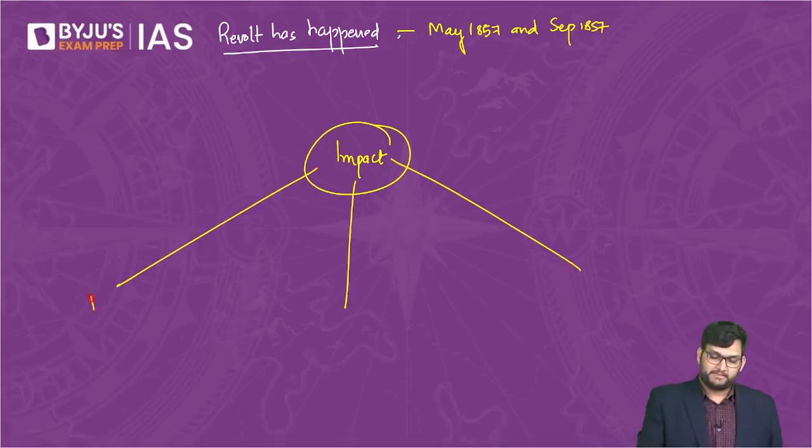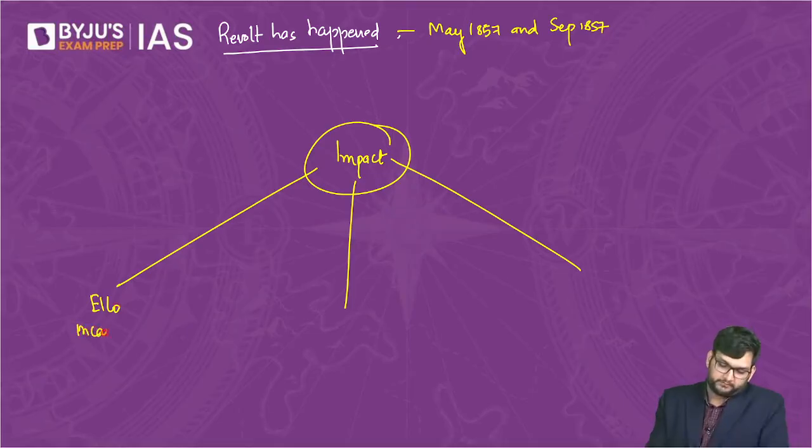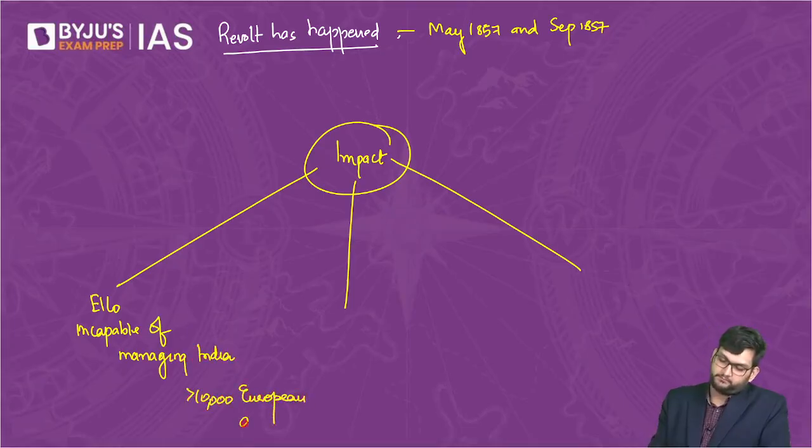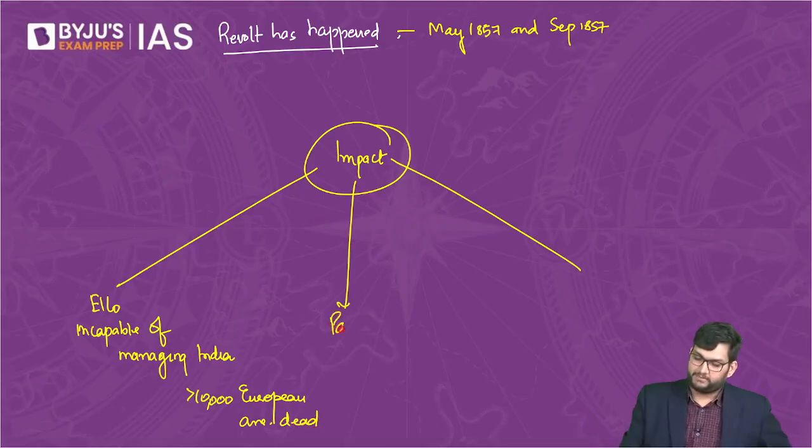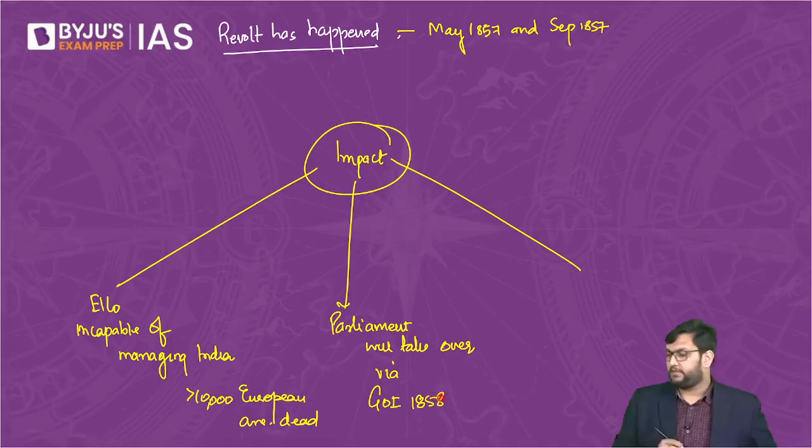First is that East India Company is now considered incapable of managing India. Close to more than 10,000 Europeans are dead, and this in itself was a very big news. Further, now the Parliament will take over via Government of India Act 1858.